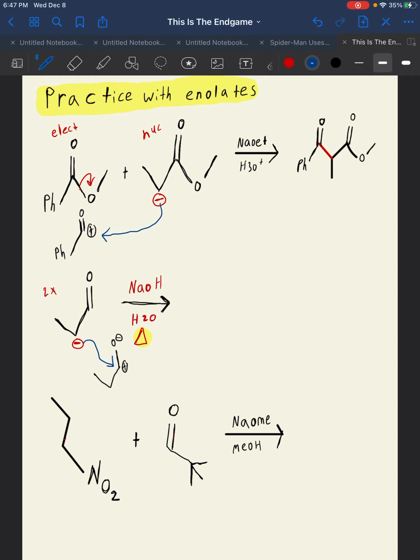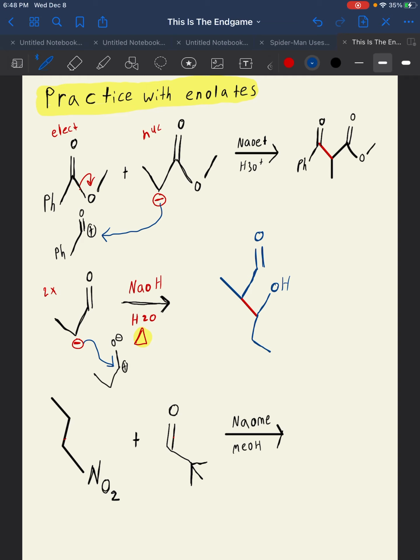Let's draw out the aldol product in blue. New bond in red. Giving you something that looks like this.